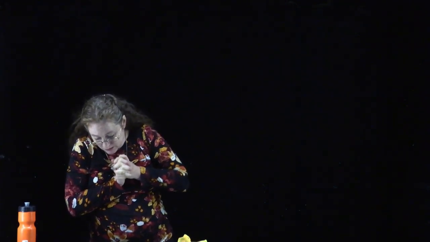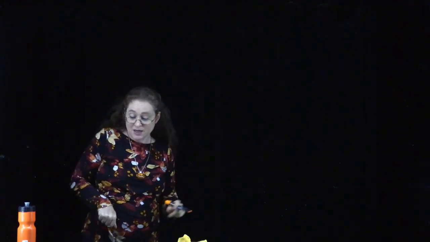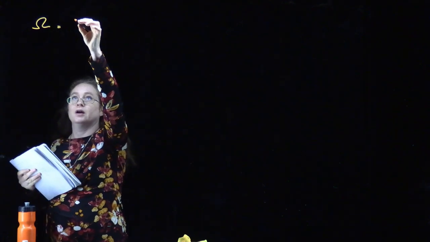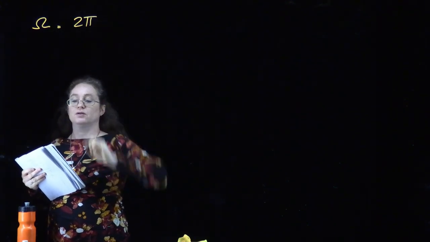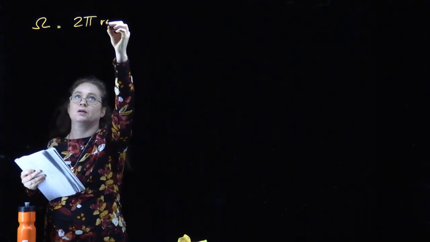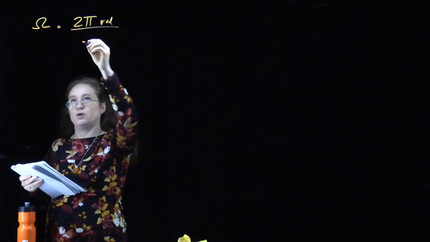So we're doing this in general, but the most important rotating frame for this chapter, and frankly for most applications of human interest, is the Earth. So the rotation of the Earth, we go through 2 pi radians in 24 hours.